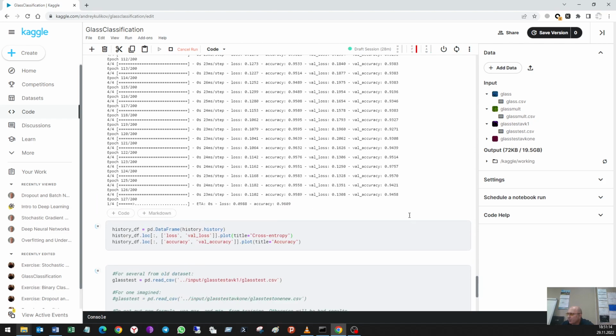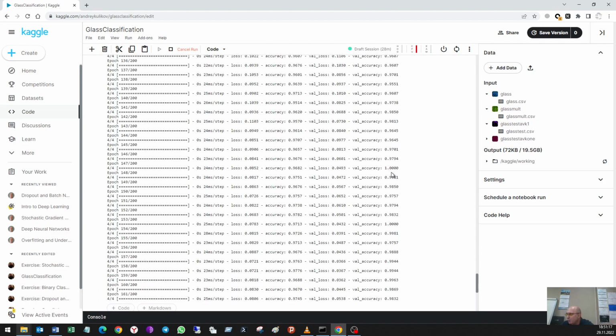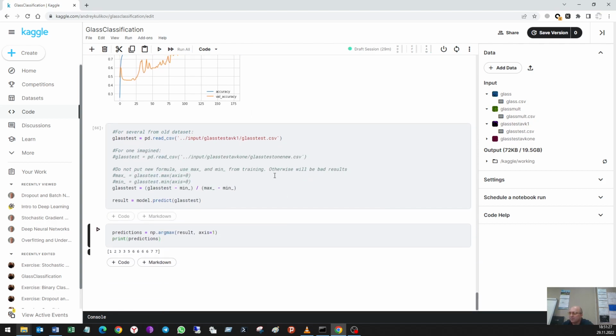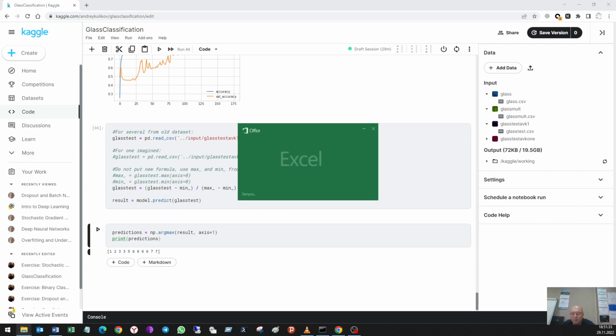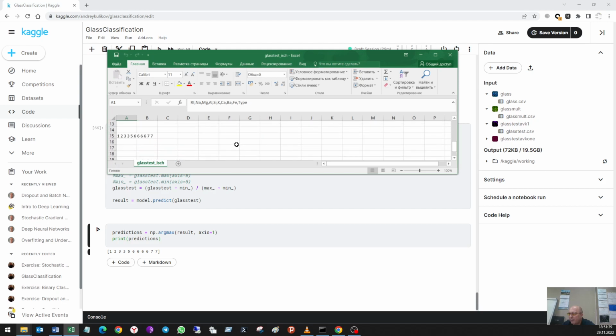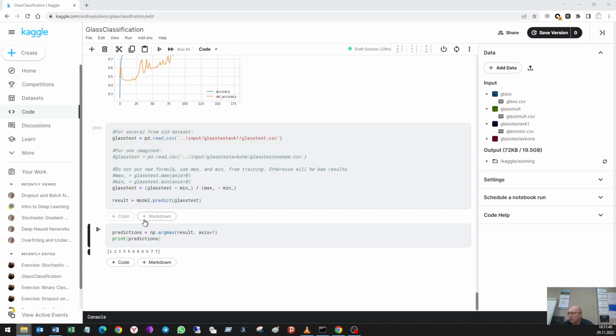It becomes more and more accurate and becomes 1 and 1, and the plot is similar in this and in that, and I get my numbers: 1, 1, 2, 3, 3, 5, 6, 6, and I also can test some other number that was not in my data set.